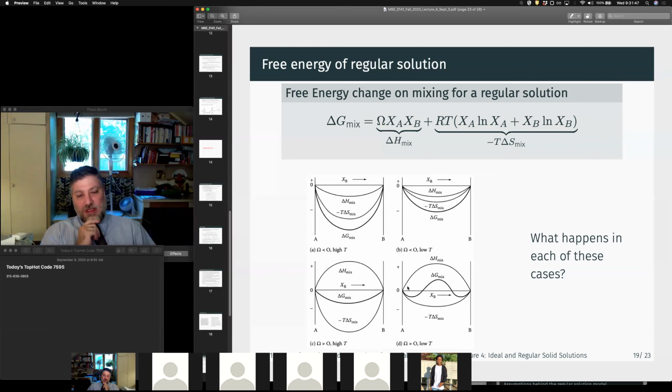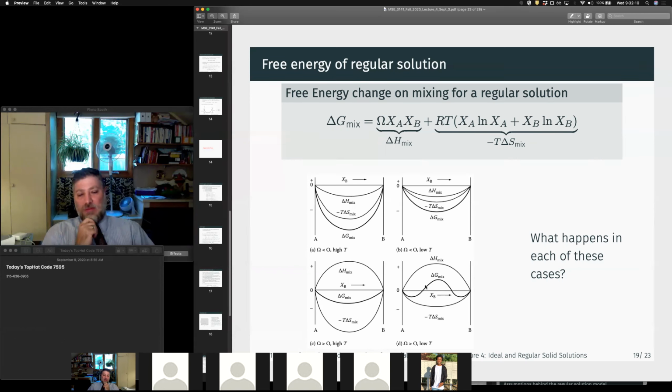But as we lower the temperature, the driving force due to the entropy term for mixing decreases, right? And we could have a region in the middle where we actually have a positive Gibbs free energy of mixing. So we have a phase separation or a miscibility gap, right?